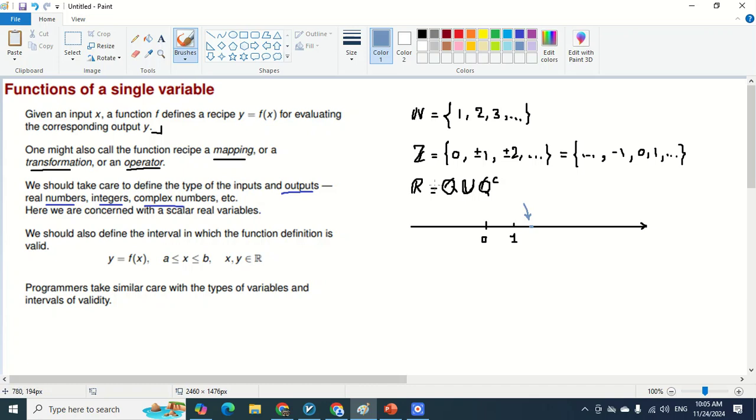If we extend the real numbers more, then we have complex numbers. That is not our concern in this course, meaning that we just work with the real numbers, but it's not a bad idea to know their definition. The complex numbers are defined as x plus iy, where x and y are both real, and i determines the imaginary part; in other words, i is equal to the root of -1.